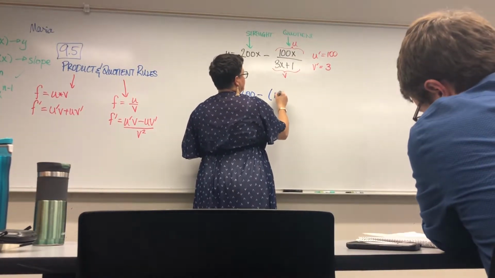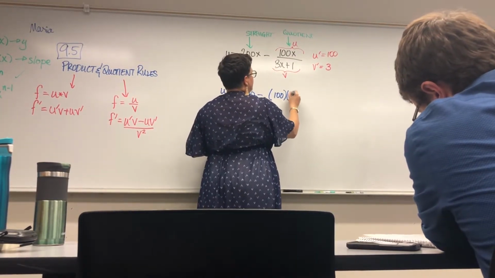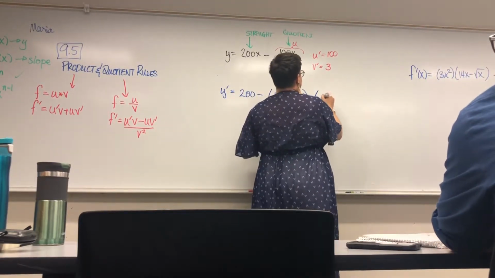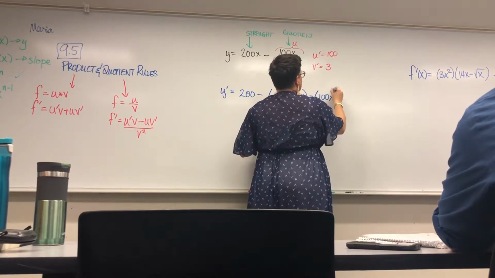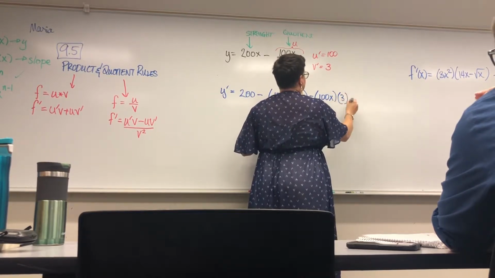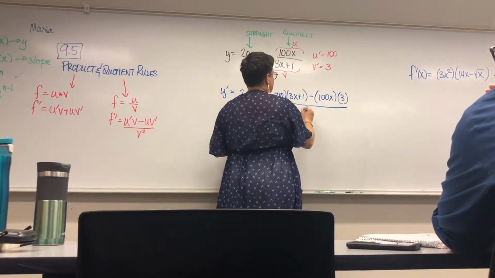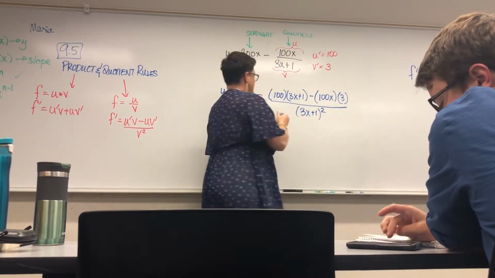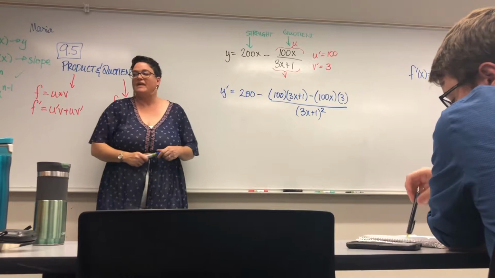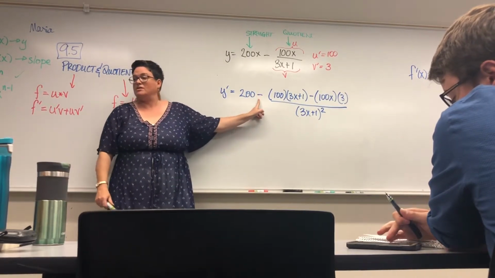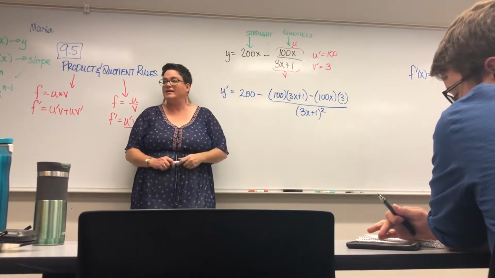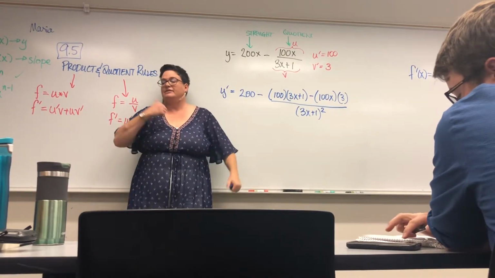U prime times v minus u times v prime divided by v squared. And that's why that negative out front becomes important, because if we were to FOIL all of this stuff out, then we could distribute that negative sign. So I just like to leave it out front.